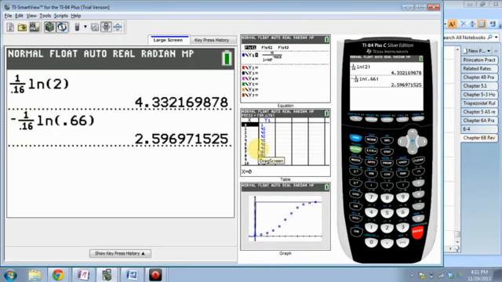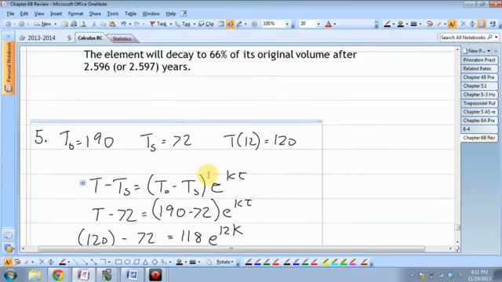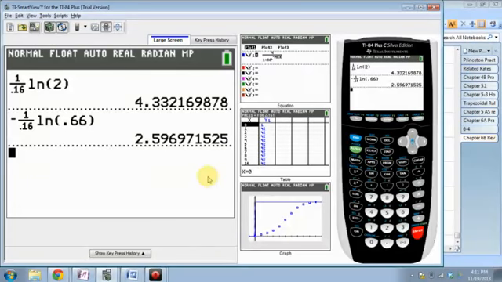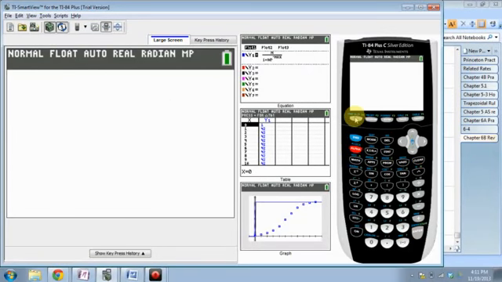Ooh, did I screenshot the previous problem? Yeah, I did. k is equal to 1/12 the natural log of 48 over 118.